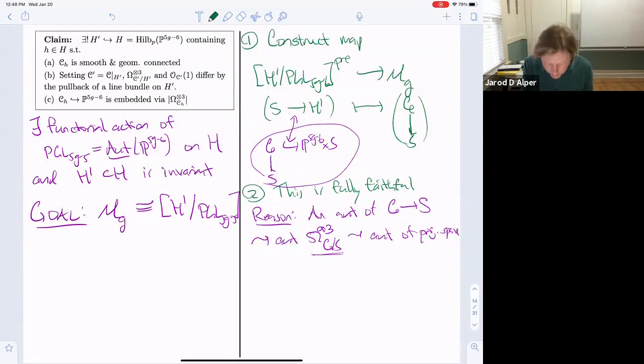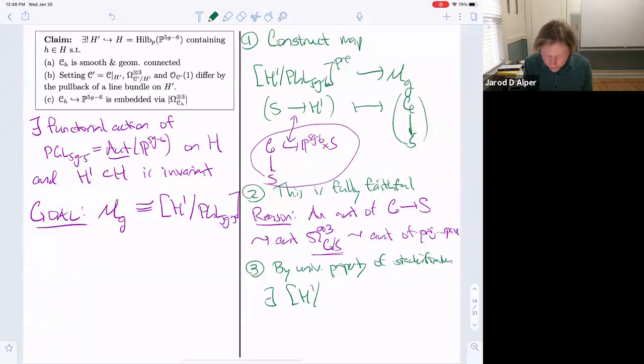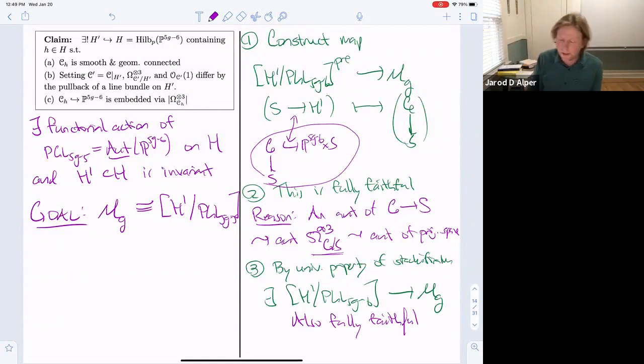So you check that this map is fully faithful, and then by the universal property of stackification, there exists a map from the stack H prime to MG, and it's also fully faithful. This follows from a simple exercise: if the map from the pre-stack was fully faithful, then the map from the stackification is also fully faithful.